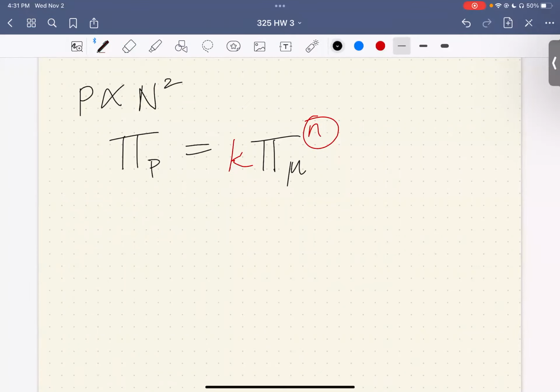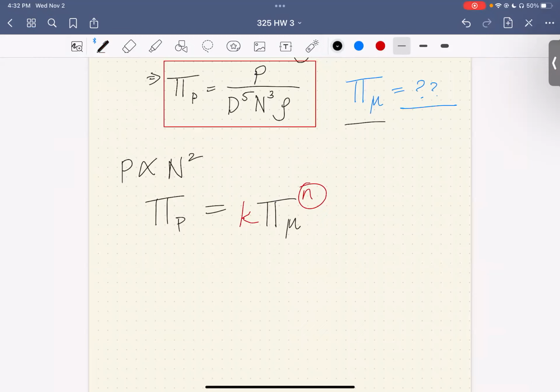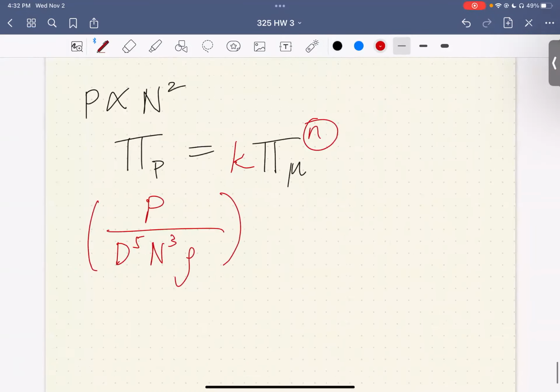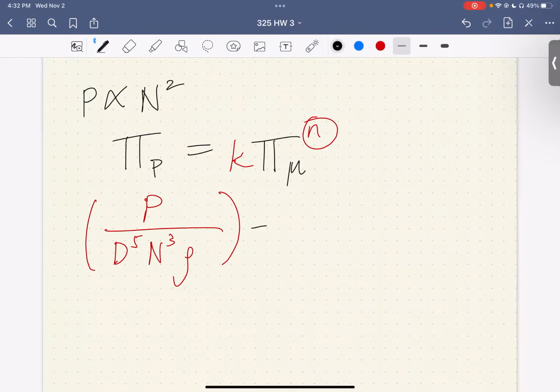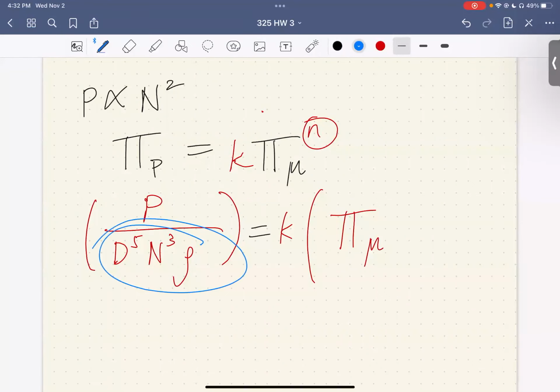So we have our pi p, right? Our Buckingham pi dimensionless parameter to be p over d5 n3 and rho, right? And now we have it equal to some k, doesn't really matter too much, and then you're going to input this value, right? Which will also have what? It will also have these terms. It will have some form of d and n and rho, right?